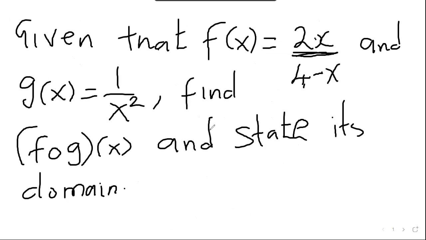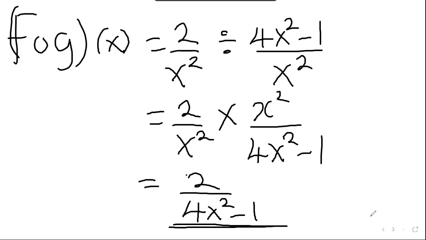So now how do we state the domain? That's the question of interest. How do we state the domain for a composite function? So guys, in order for us to state the domain for a composite function, let me just show you something here.